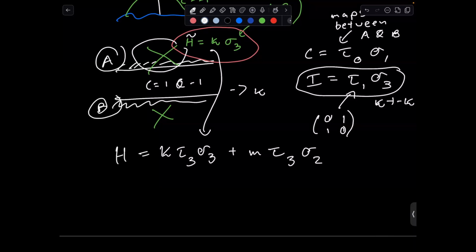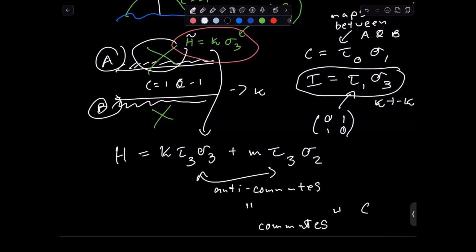This term anticommutes with the kinetic term, but also anticommutes with chiral and commutes with inversion. So that is something you just have to look at and figure out. There's no other Pauli matrix combination of taus and sigmas that you could write down that satisfies all of these properties. This is the only choice.